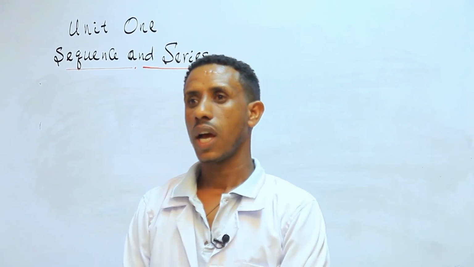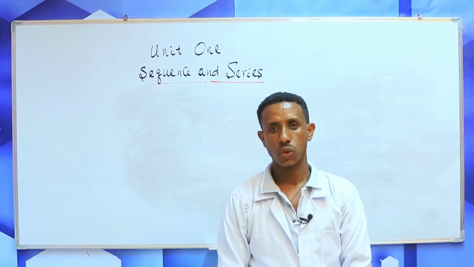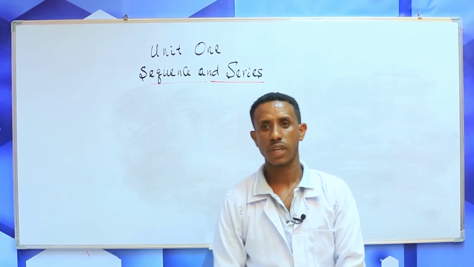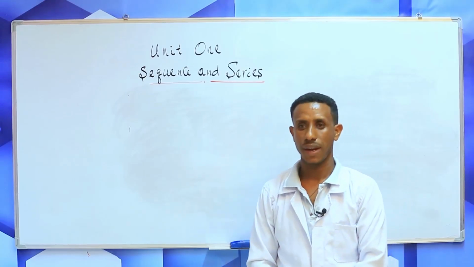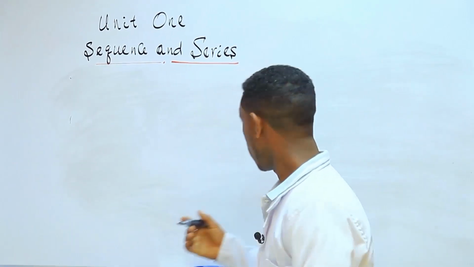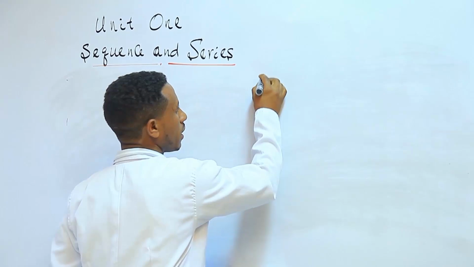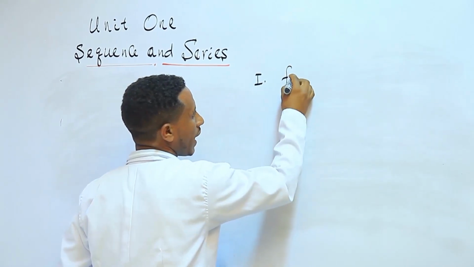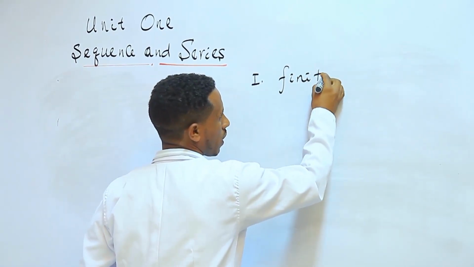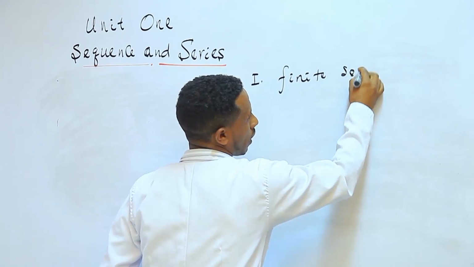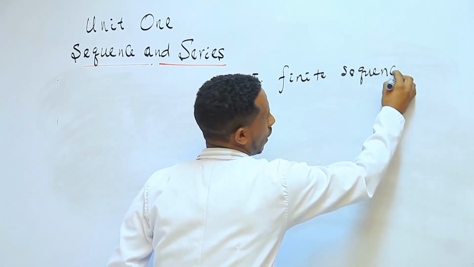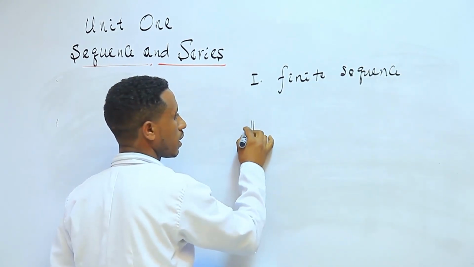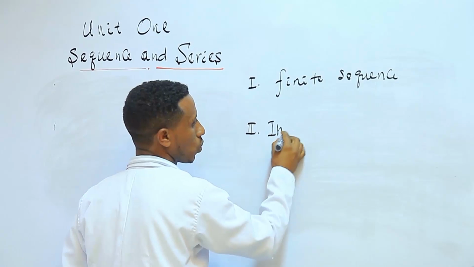Sequences can be categorized into two groups based on the number of terms that they contain. The first one is the finite sequence, and the second one is the infinite sequence.